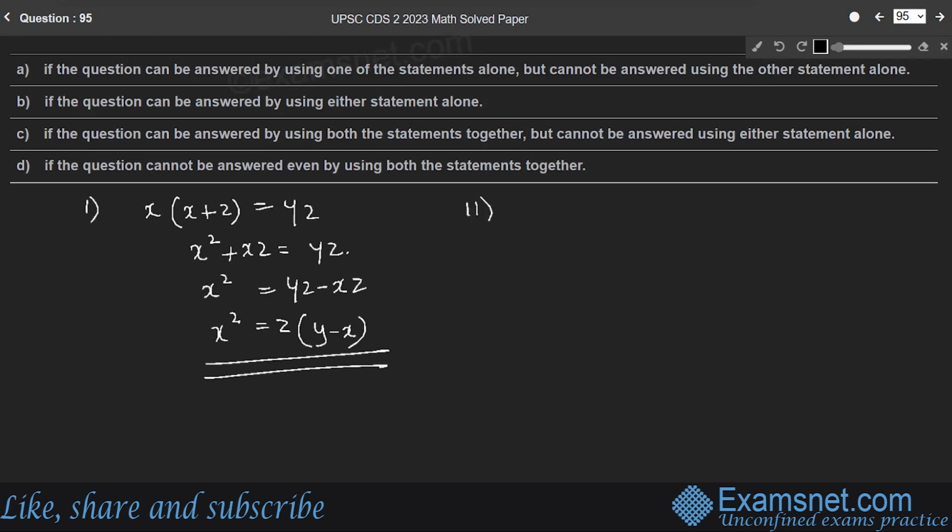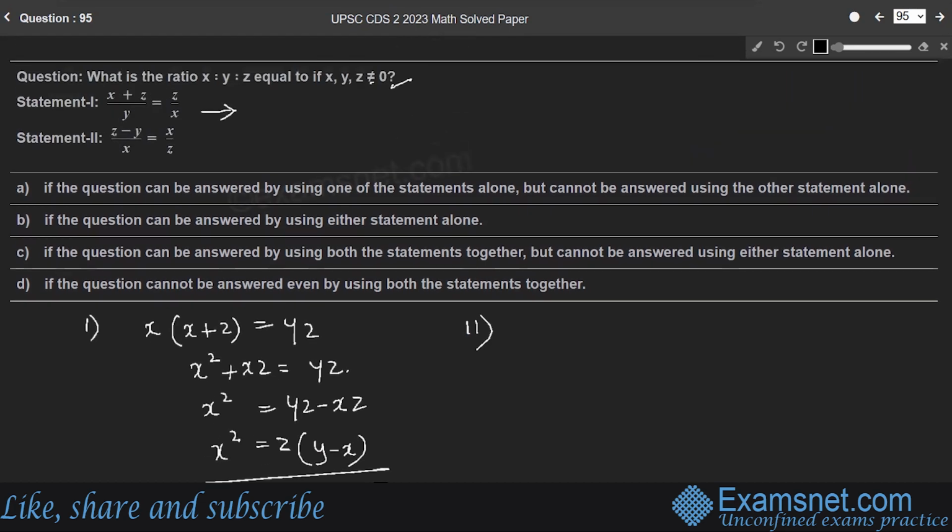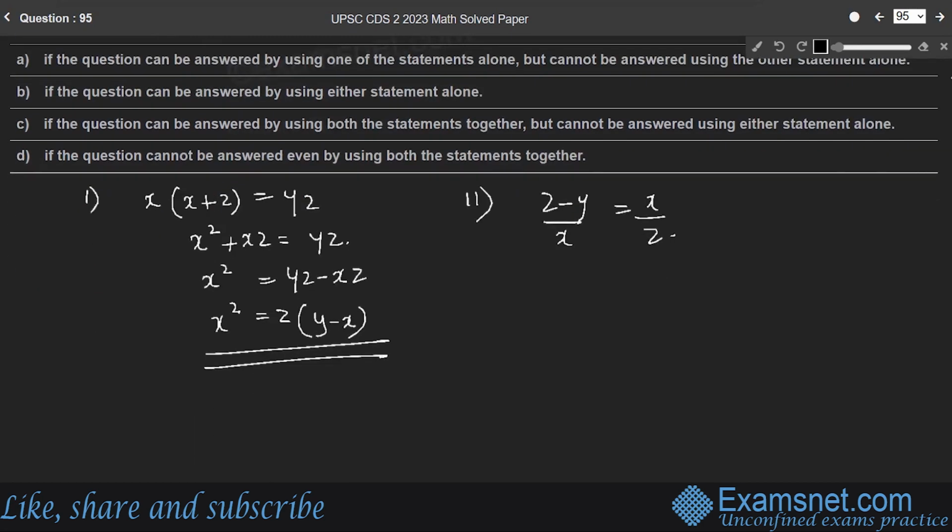For that we have to take one more statement. So let me check whether z minus y by x is equal to x by z decides the ratio or not. By cross multiplication, z into z minus y is equal to x square. Here in the first statement, we got x square as z into y minus x. Therefore, we can equate these two.